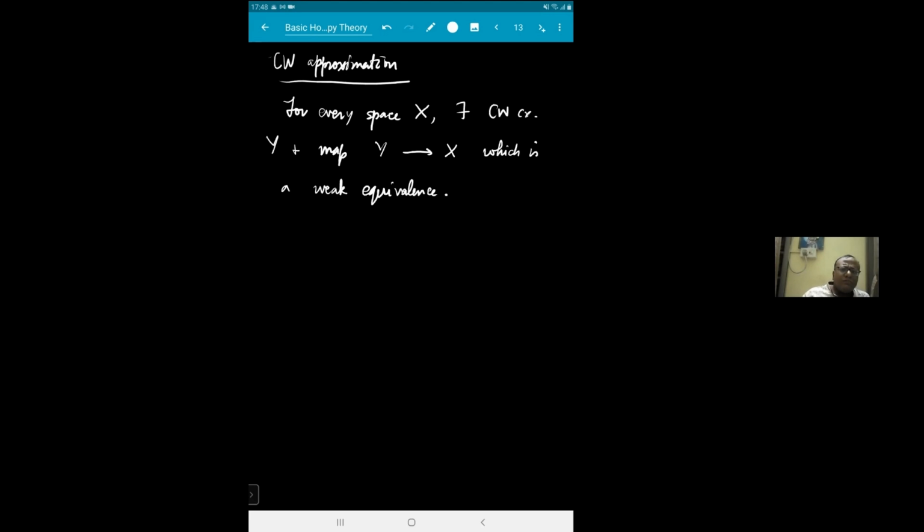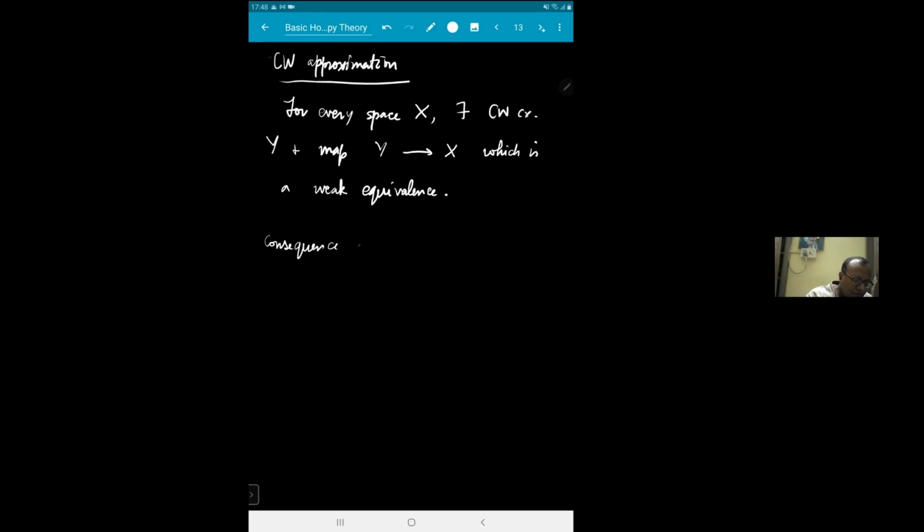So the proof is a simple thing, that you have to just attach cells one by one so that you get the right homotopy groups. And again, I'll not go into the proof, but there is an important consequence here.